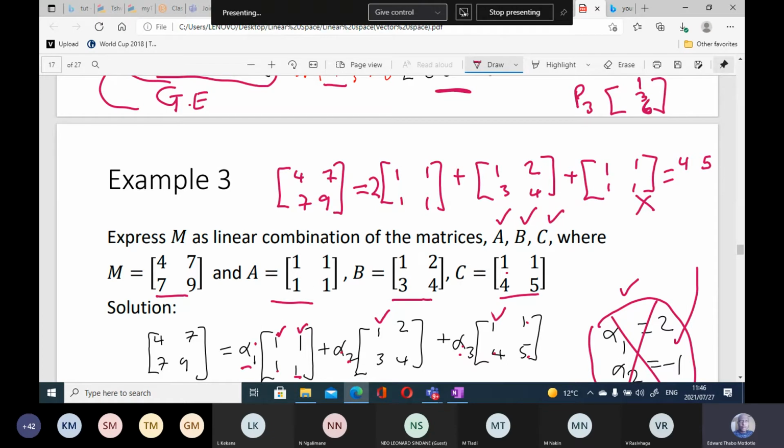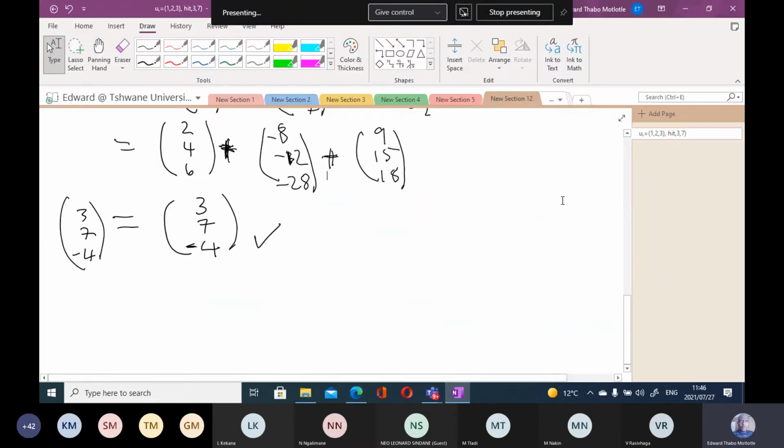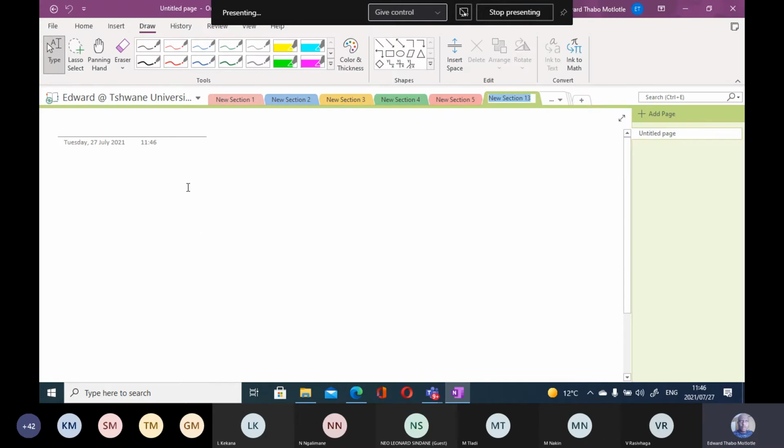1, 2, 3, 4. Double 1, 4, and 5. The most difficult part is to express, to present it.